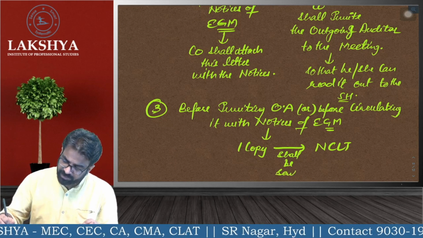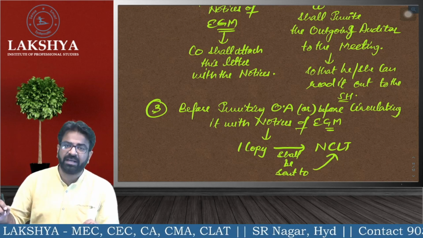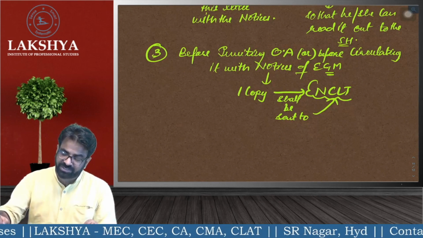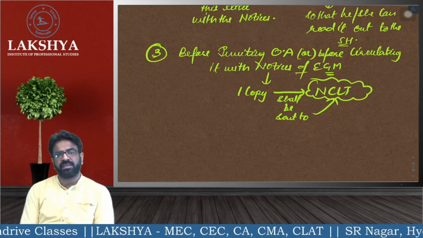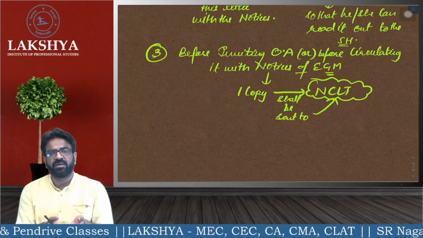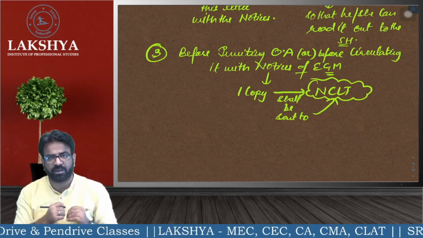One copy shall be sent to whom? NCLT. Who is NCLT? National Company Law Tribunal. One copy shall be sent to the NCLT, saying that this is the defending letter which this outgoing auditor has sent to the company.